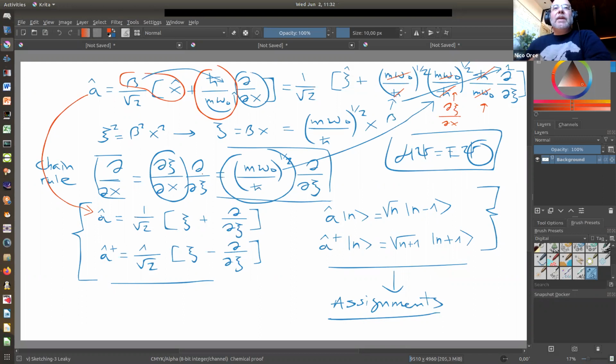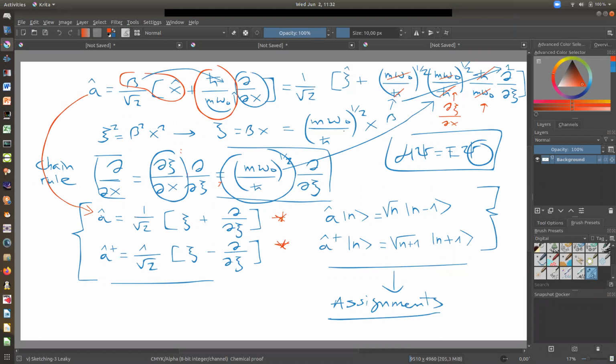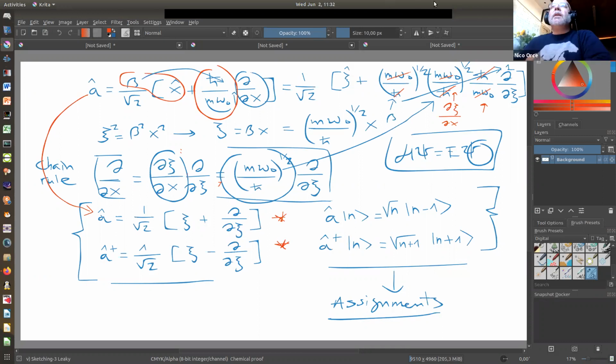So at the end, you get something which looks like this. Here we go, like this and this. Clear, Asile? So let me see if you have any more questions.